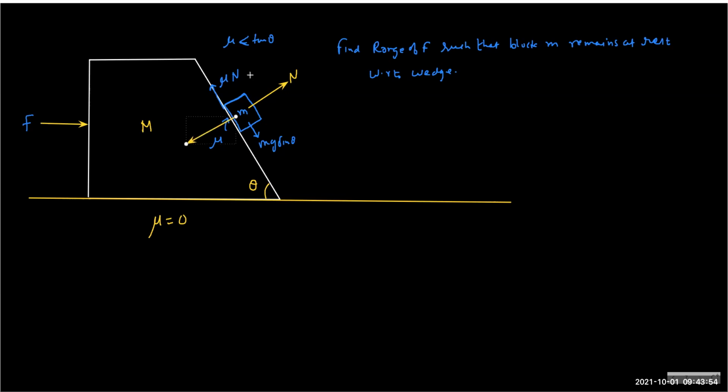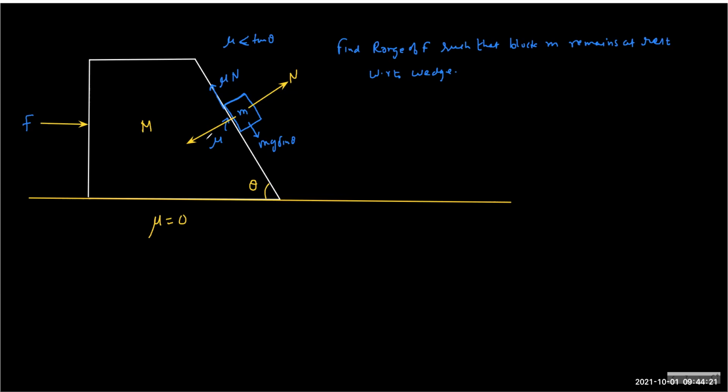Okay, once again. The first thing is the gravity, the block will have the tendency to move down the plane with respect to the wedge. In that case, the friction will have a tendency to act up the plane. And now, because mg sin theta is bigger than mu N, it will try to go down the plane.